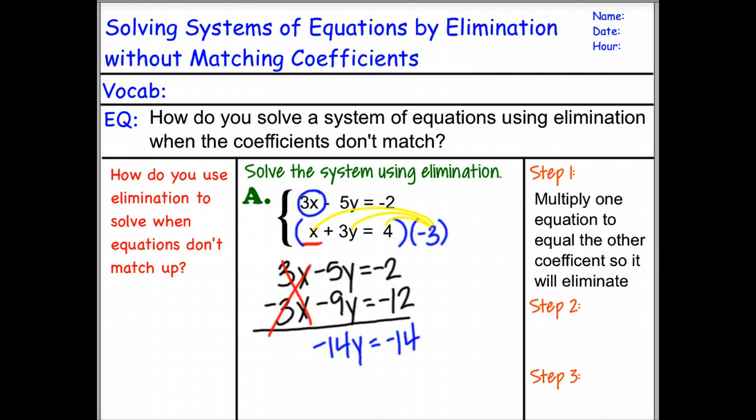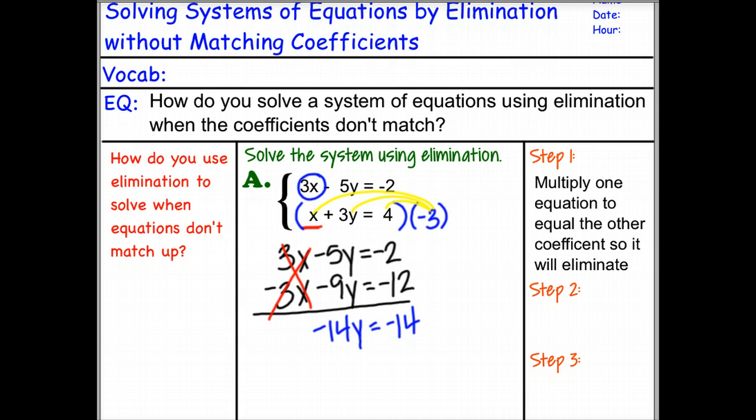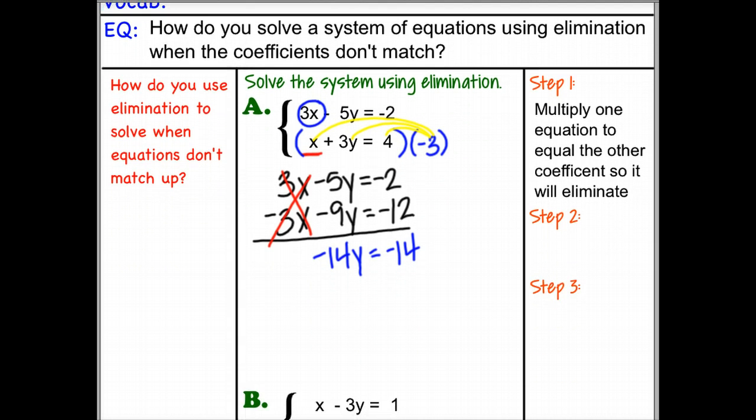Then I can go ahead and divide both sides by -14, giving me y is equal to +1. I'm then going to take this and put it back into the equation I didn't mess anything with.